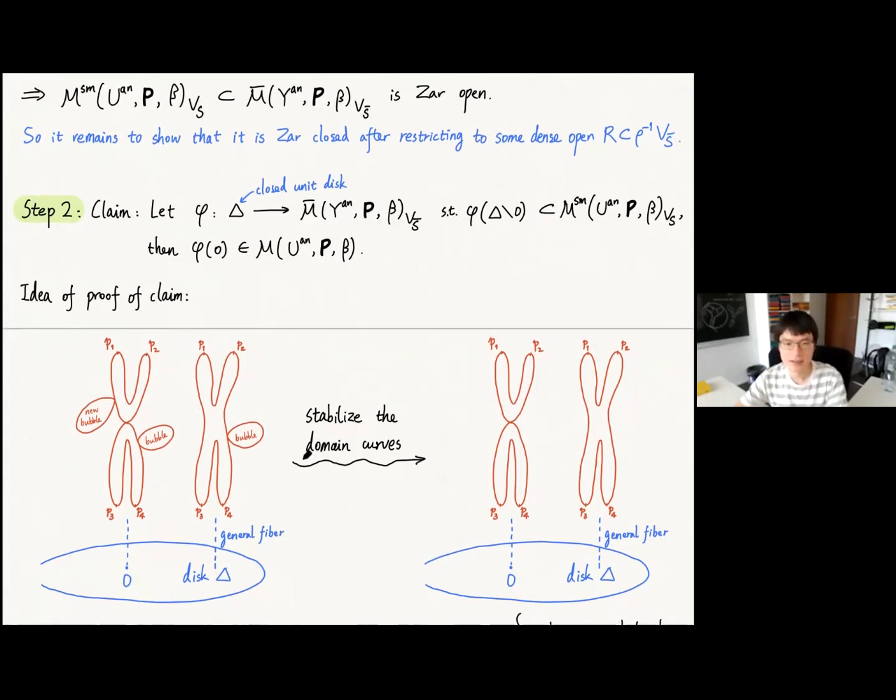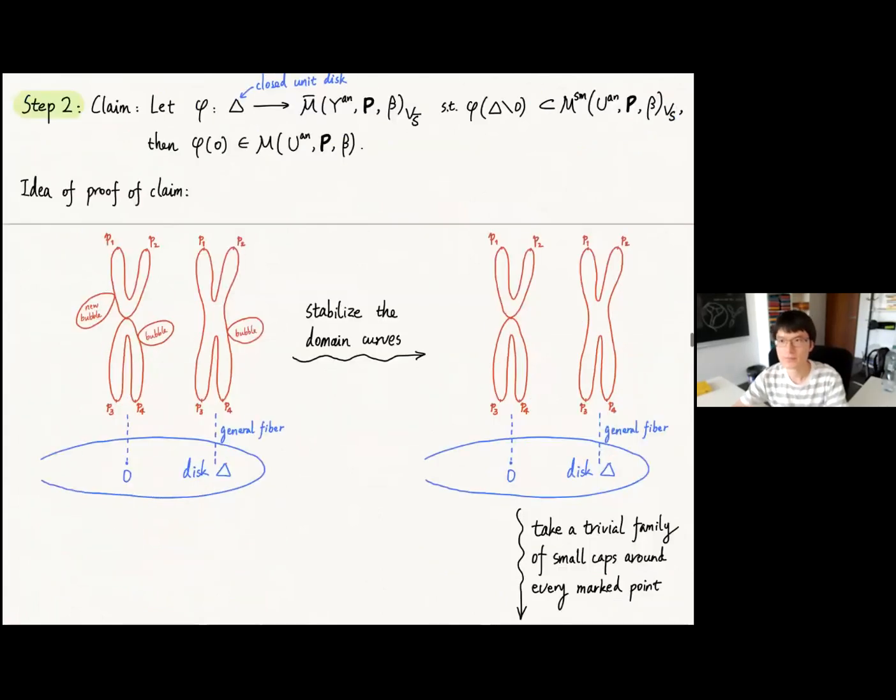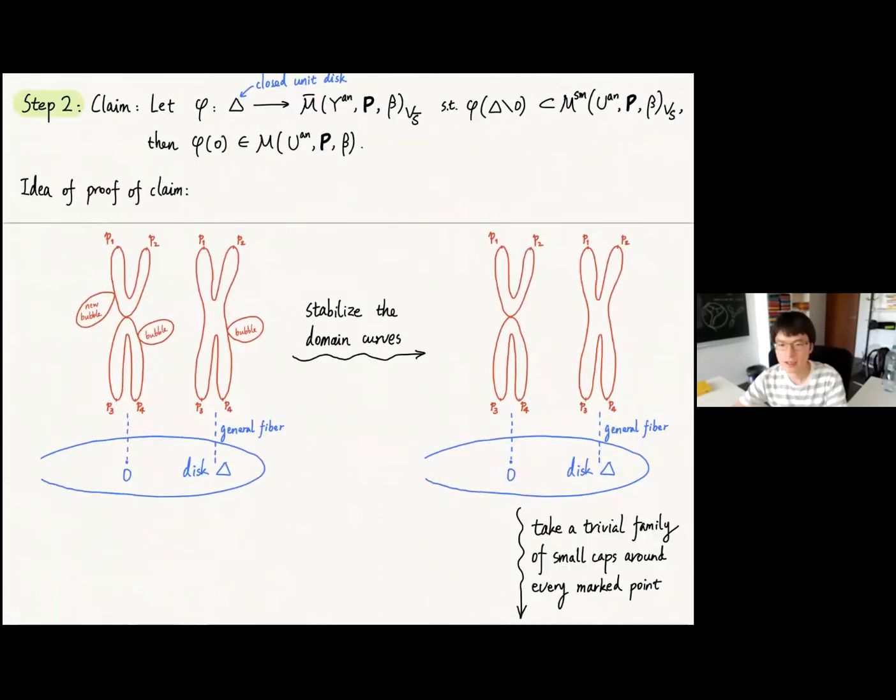Let's first stabilize the domain curves, contracting all the bubbles. After contracting all the bubbles, we get a family of stable pointed curves.